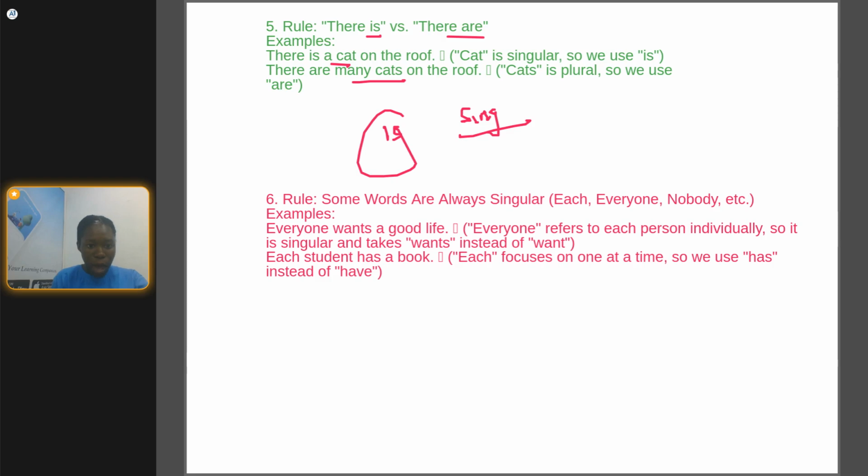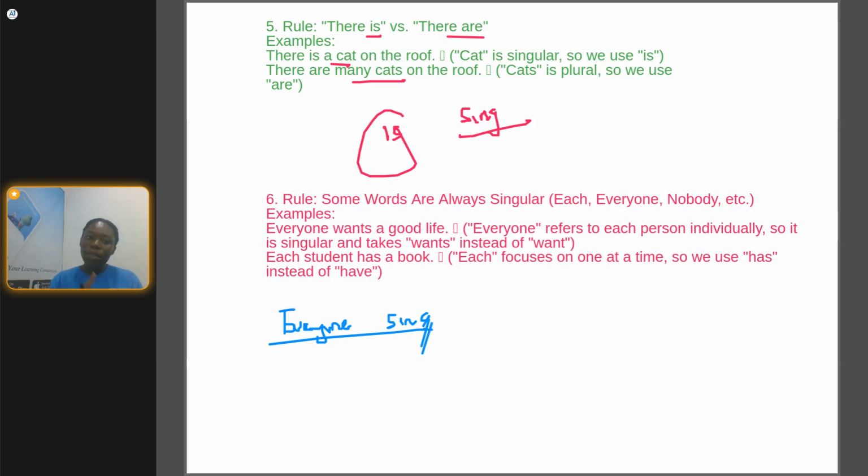We have an example like everyone. Everyone means singular. So if we have everyone as singular, then the verb that follows has to carry an S. So everyone wants, not everyone want, without S, because everyone now is singular.